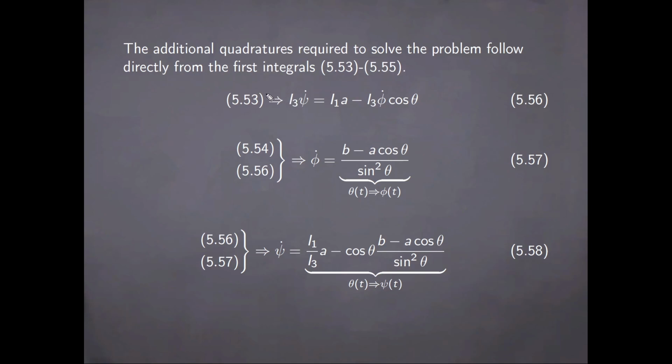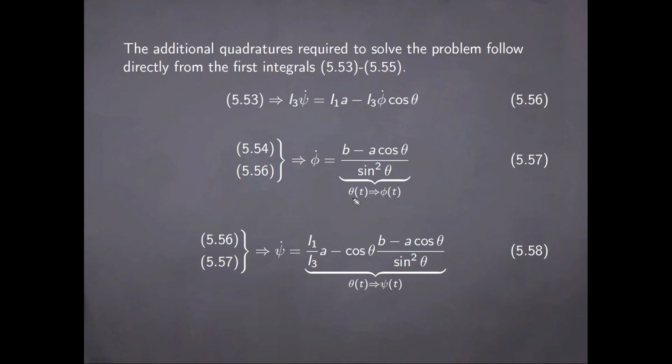Namely, from equation 5.53 we can obtain immediately an equation for the time derivative of psi as a function of the other two variables, namely the angle theta and the time derivative of phi. And then using this together with the result 5.54, we can obtain an equation involving just the time derivative of phi and the angle theta.